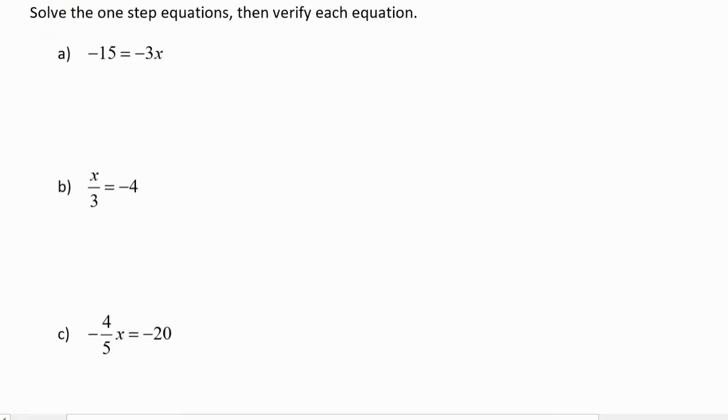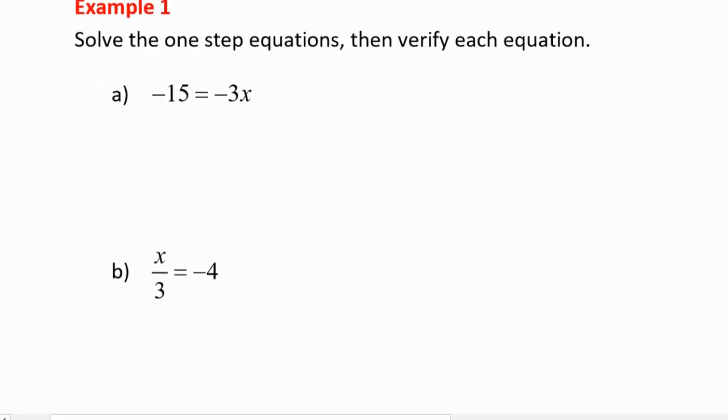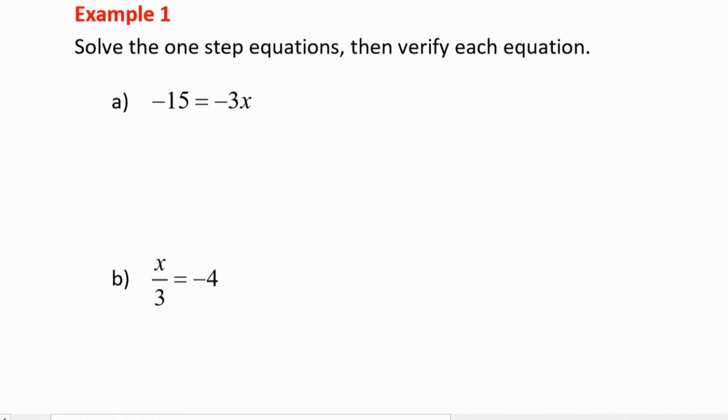Alright, let's do the example questions together. Here, I have -3x equals -15. What's hiding in between -3 and x? Multiplication. Our final goal is to isolate x.